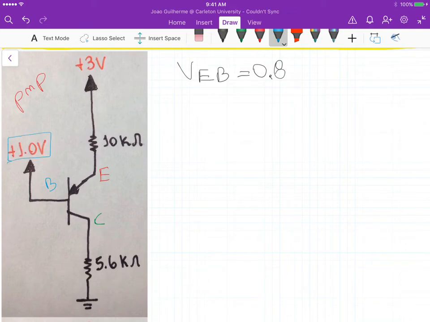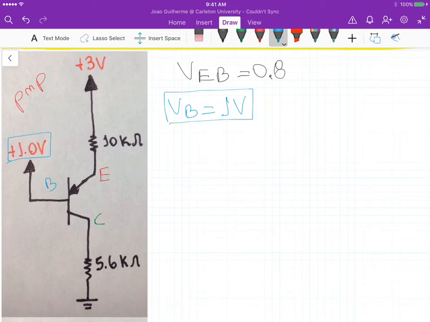So that's one of the quantities that we need to calculate. So VB is equal to 1 volt now, because it's not grounded anymore. And this potential here, 1 volt, forces the voltage at the base to be 1 volt.